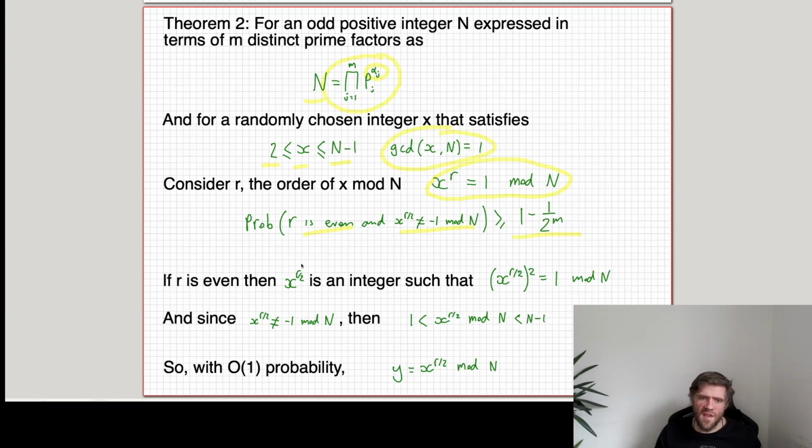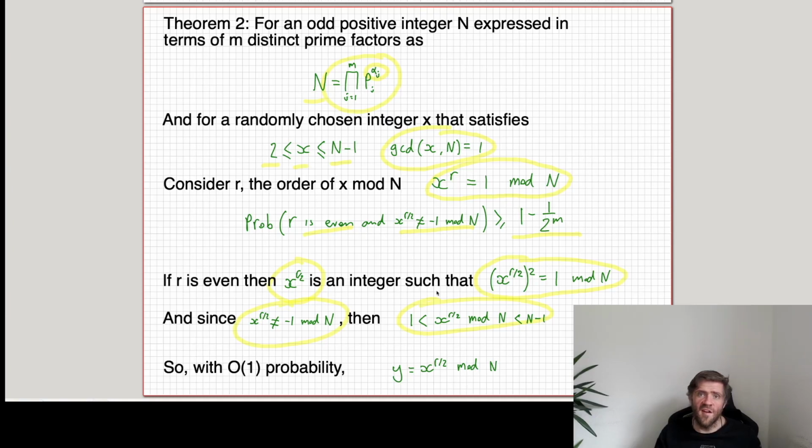Well, if r is even, then x to the power of r over 2 is an integer. And it's an integer such that that integer squared is equal to 1 mod n. So it is our y, or is it? One of the problems is also that our y has to exist within a certain range. But our other condition also makes sure that it does fit within that range.